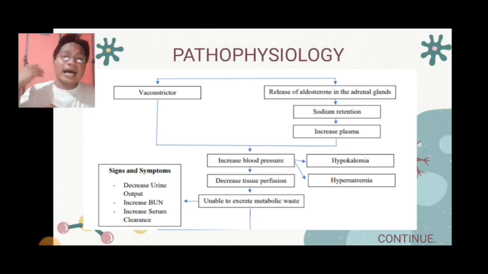Once the aldosterone is released, it gives a sign to reabsorb the sodium again, to make it have retention.